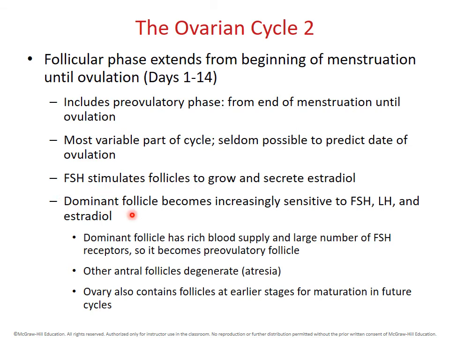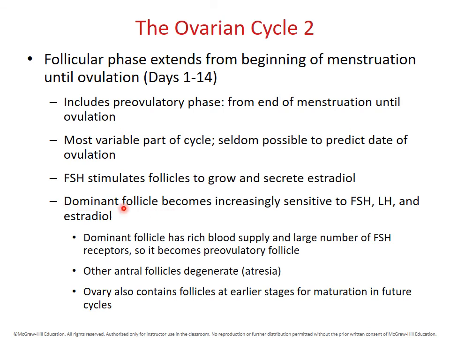As the dominant follicle develops, it becomes increasingly sensitive to FSH and LH, almost a positive feedback effect. And it also becomes sensitive to estradiol, which is the most common form of estrogen. Where's this estrogen coming from? Well, it's coming from the follicle itself. The estrogen comes from this Graafian or vesicular follicle as it develops.